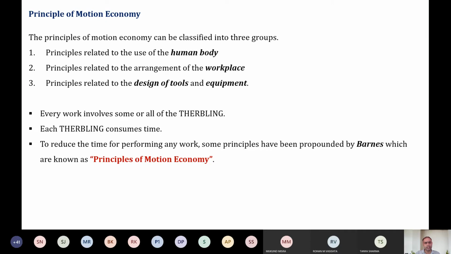The third principle is related to the design of tools and equipment. What is the design of tools and equipment? For example, you are using a mobile phone, a laptop, or a pen to write the examination, or an exam pad. They are designed so that, for example, the mobile phone is easy for me to hold, and easy to type single-handed or double-handed.